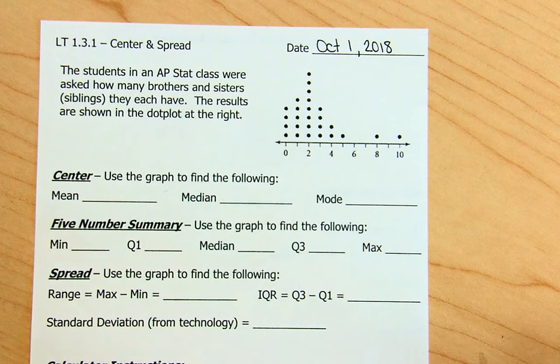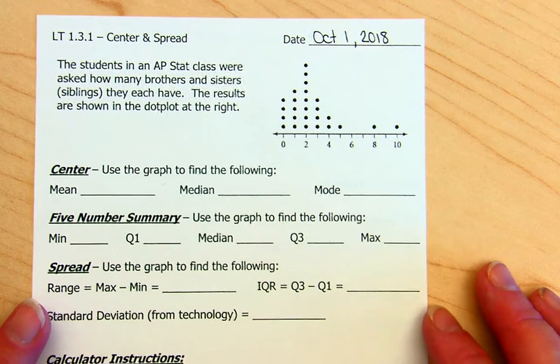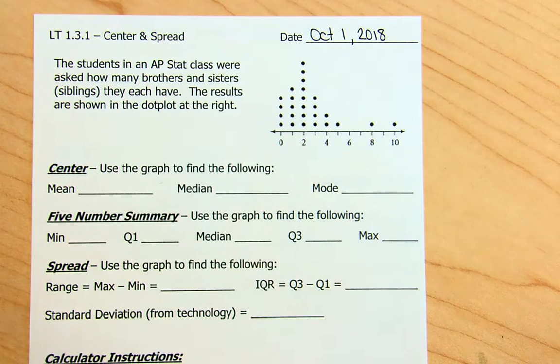This data set we have here at the top came from a set of AP statistics students, and they were asked how many brothers and sisters they have. We compiled this data, created this dot plot, and so we're going to use this to calculate the mean, median, mode. So our three measures of center.